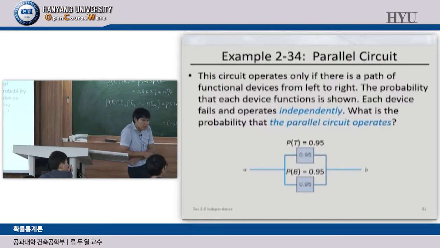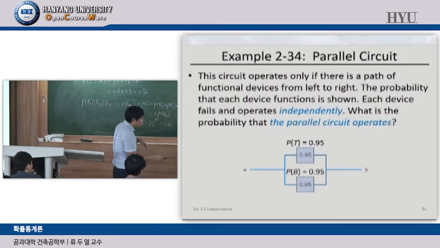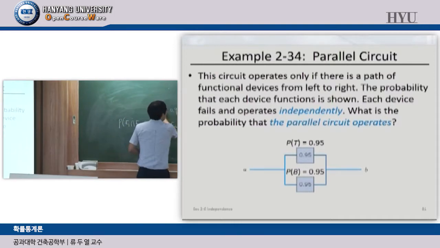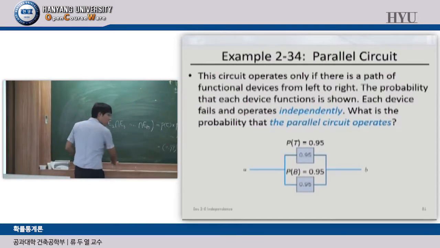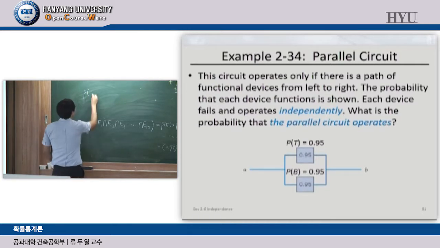So these two cases are connected as an OR condition, right? Unlike the series circuit, where the current must pass through both devices, now it only needs to pass through one of the two. So it is an OR condition. We can express the OR condition based on the union, so this can be the probability of the union of T and B.